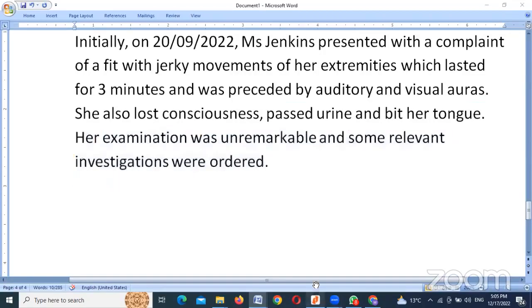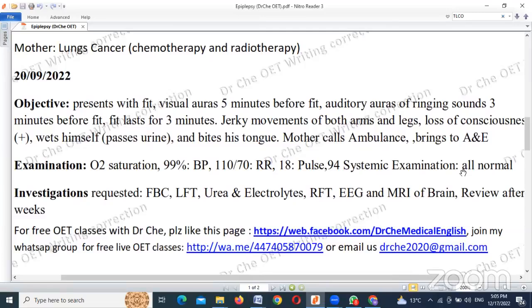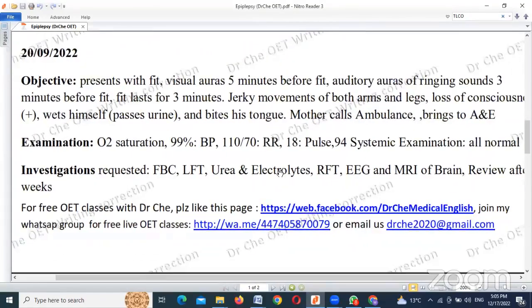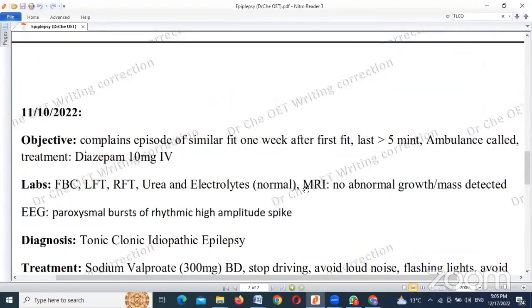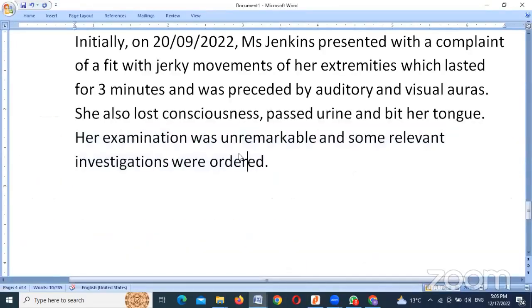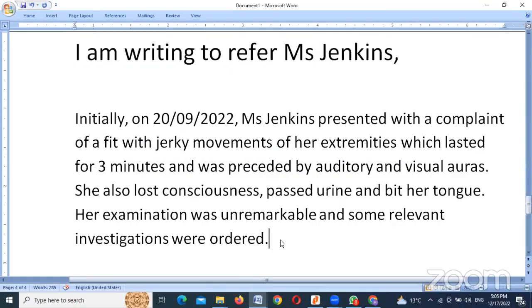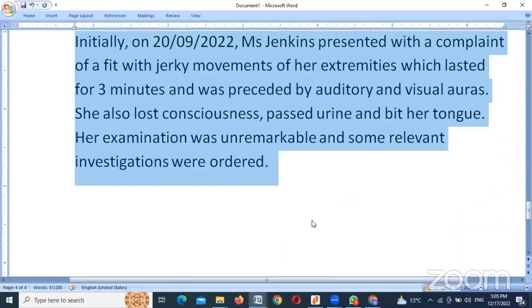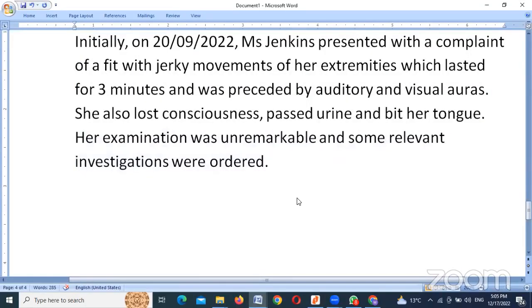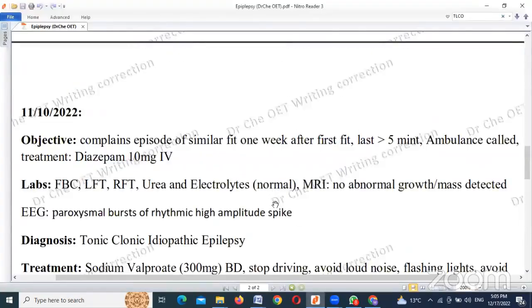Because here you can see examinations are unremarkable, nothing is abnormal, all things are normal. And these investigations, you don't need to write their names because in the next visit, you will discuss their values, what was normal, what was abnormal. So you just need to write her examination was unremarkable and some relevant investigations were ordered. Okay, so let us see the word count, 51 only. 51 words for this long visit.